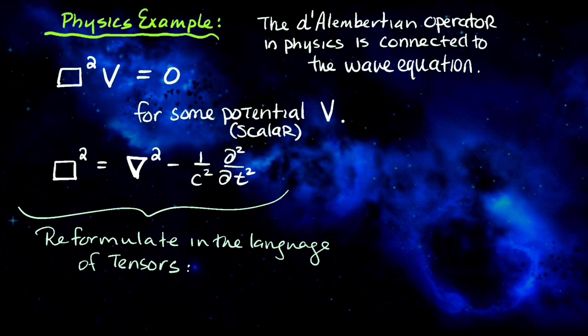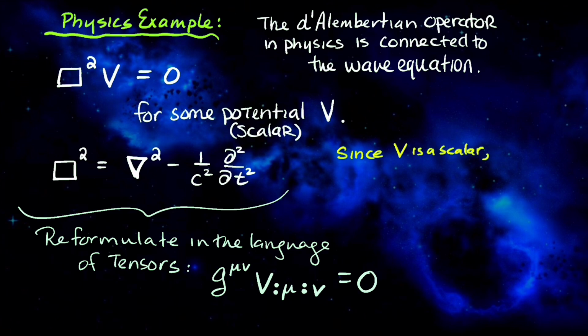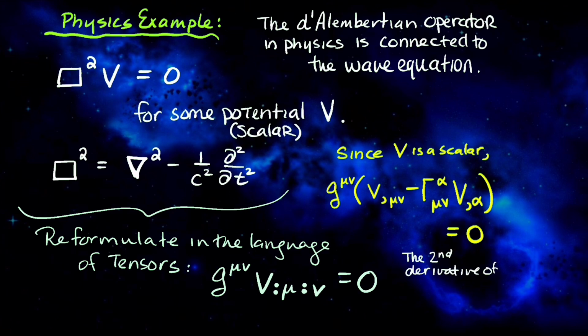If we reformulate this in the language of tensors, we would write this as follows using a second covariant derivative. And since v is a scalar, this expression here, giving 0, shows that a second derivative of a scalar is 0.